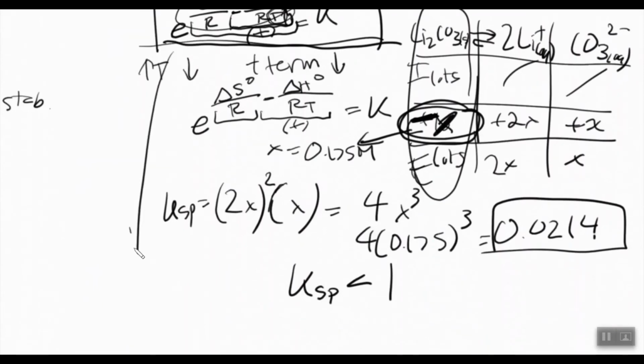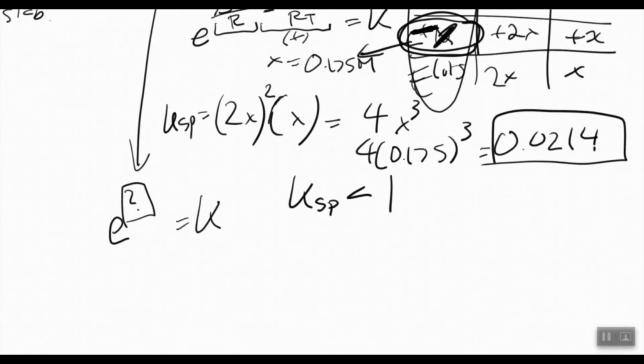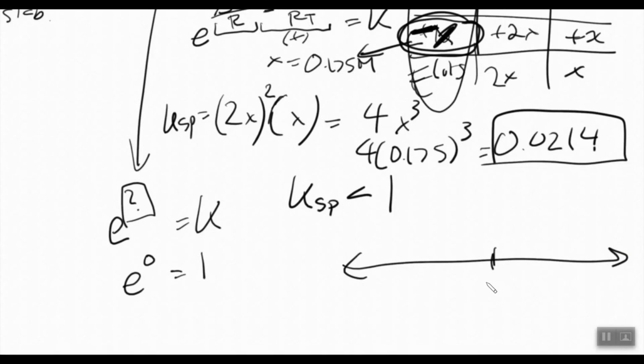Let's take a look at this equation and think about how math works. E to the whatever is equal to K. We only care about the sign of that. So we know e to the 0 is 1. Let's draw ourselves a number line to see how this works. E to the 0 is 1. E to the negative 2 is obviously less than 1.